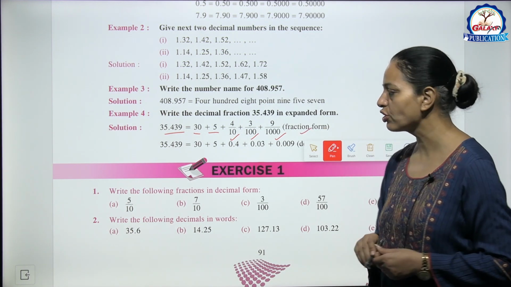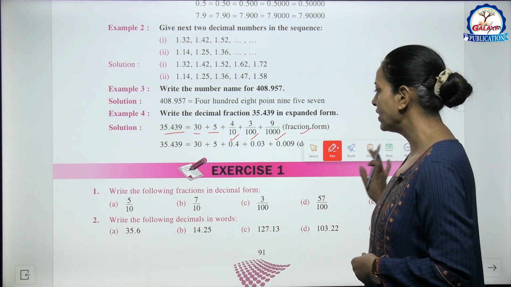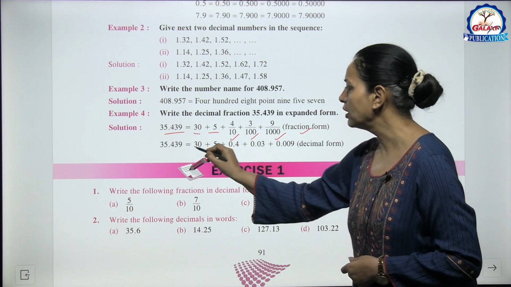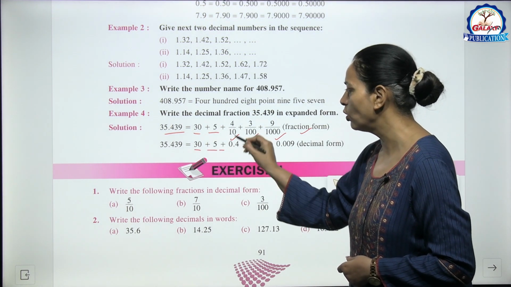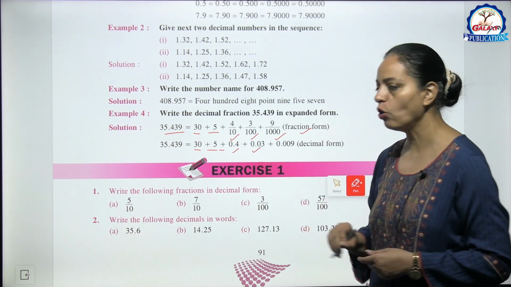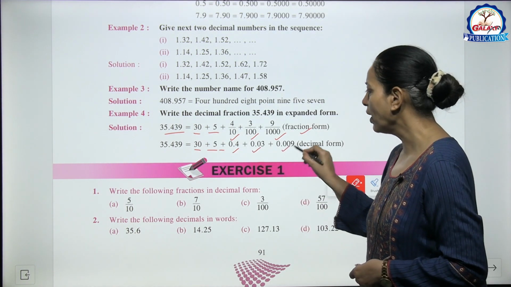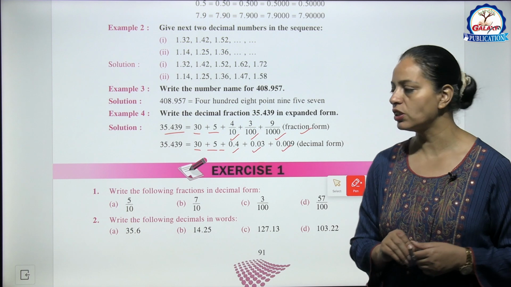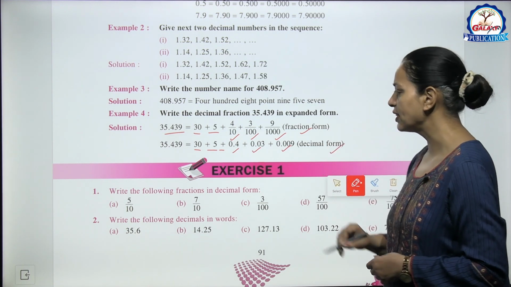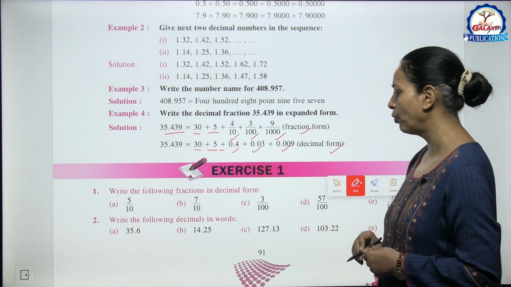This is the fraction form, or we can write in decimal form. How? 30 plus 5 plus 0.4 plus 0.03 plus 0.009. This is the decimal form, right?